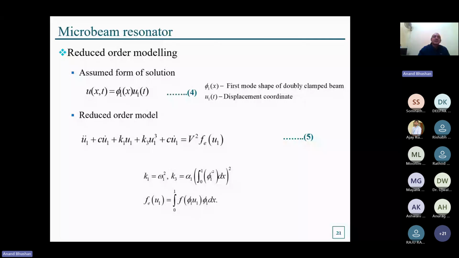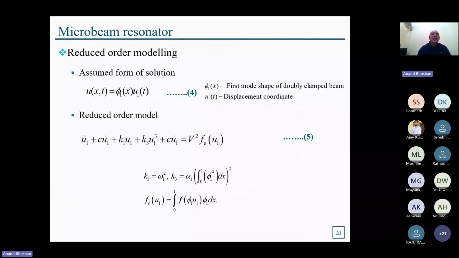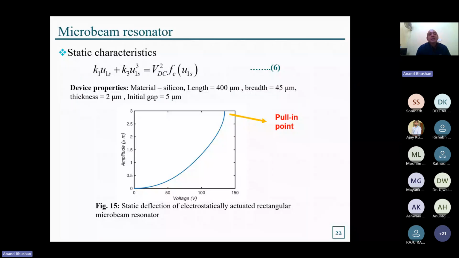Next we discuss the static characteristics. So again, in equation 5, we just ignore the dynamic terms U1 double dot and C1 dot. So we end up with the static characteristic equation, that is equation 6.